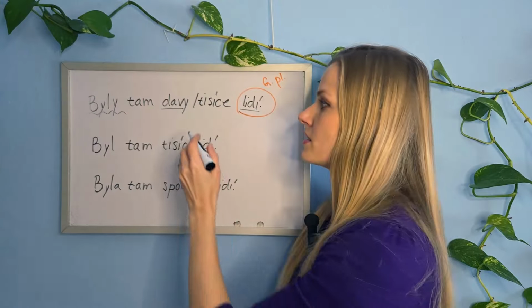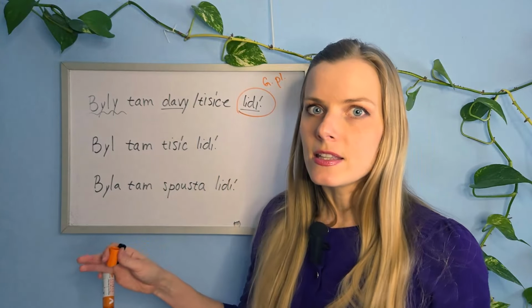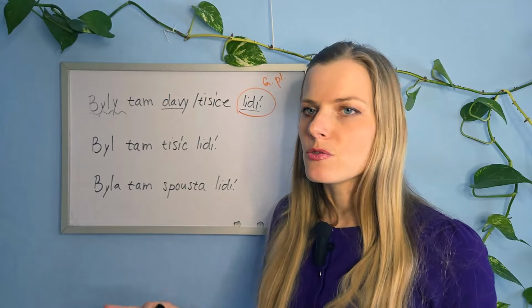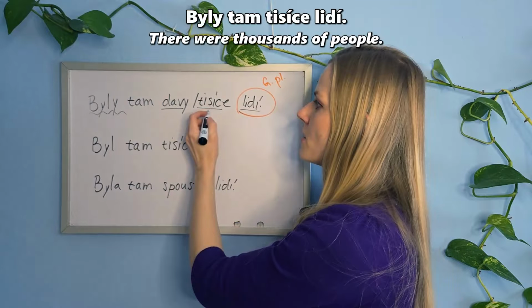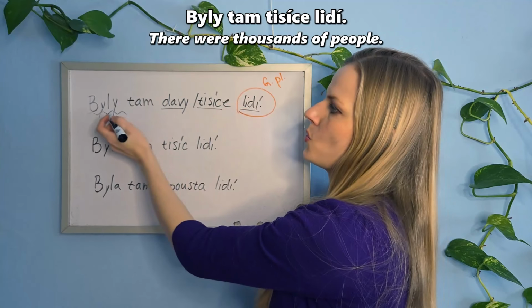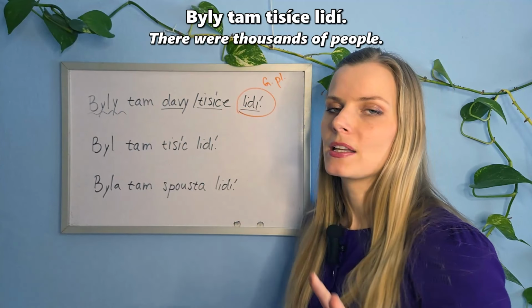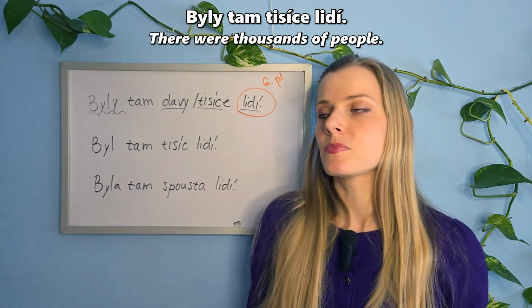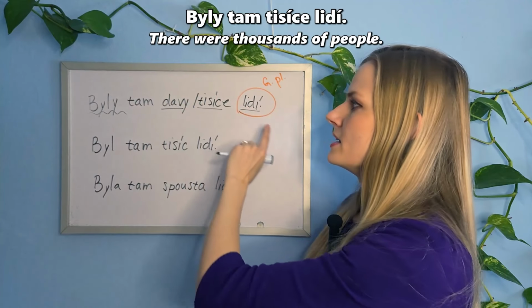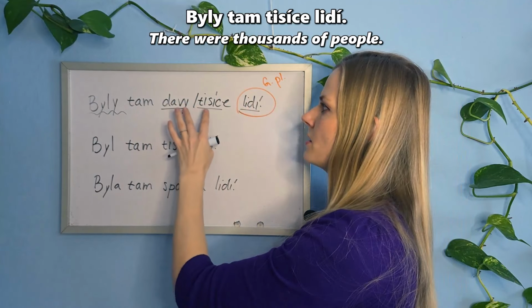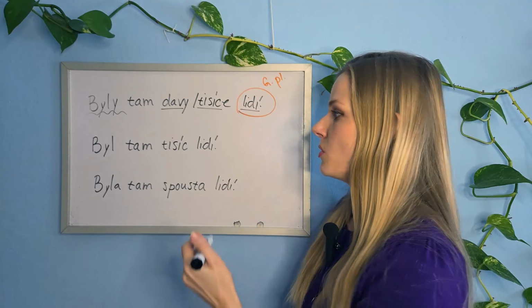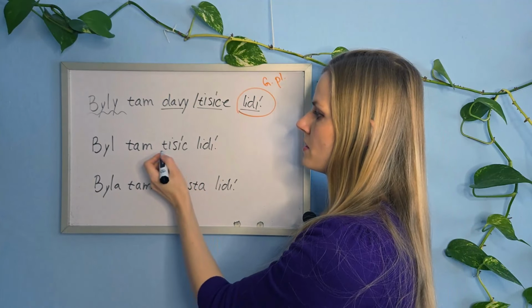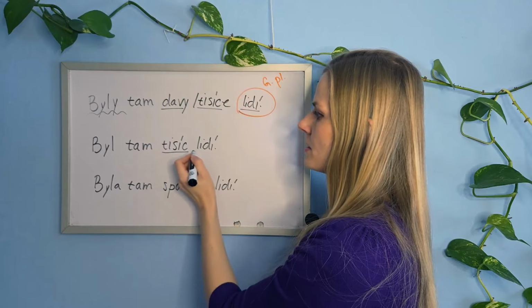Even if we replaced davy by tisíce. Tisíce means thousands. Tisíce lidí, the same thing. Thousands of people were there. Byly tam tisíce lidí. Byly tam davy lidí. That's because these are in plural. If we say there was only 1,000 people, you see there is something different here.